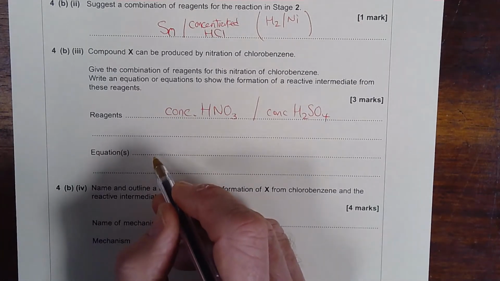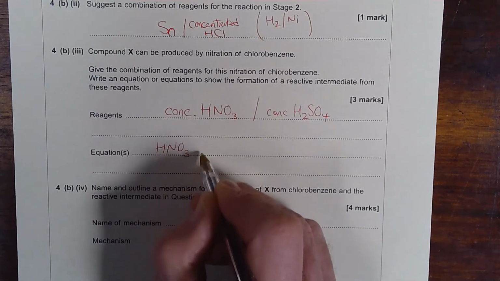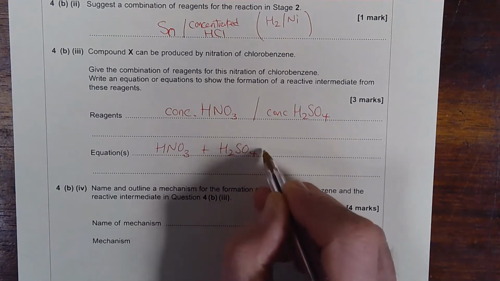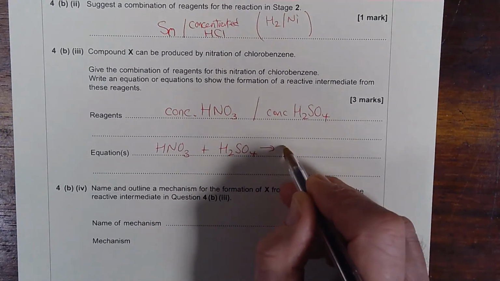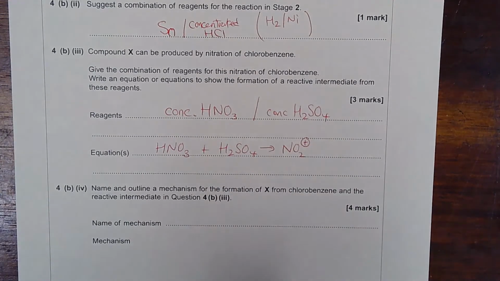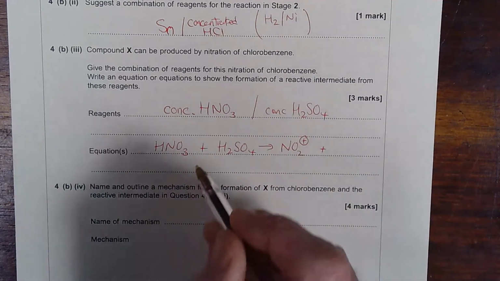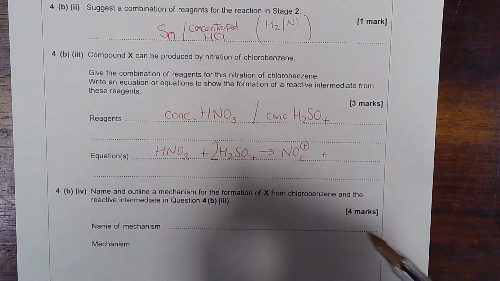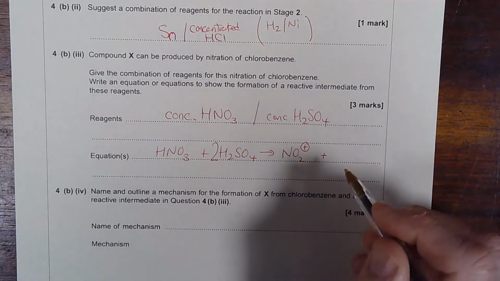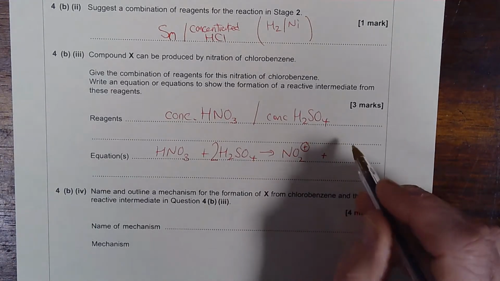Well, what we would need to do is have your nitric acid being attacked by the sulfuric acid, and the formation of the nitronium ion, which is going to attack into the benzene ring, would mean that we'd need 2 moles of the sulfuric acid, 1 mole to first of all protonate the nitric acid, and the second mole of sulfuric acid for removing the water from the protonated nitric acid.